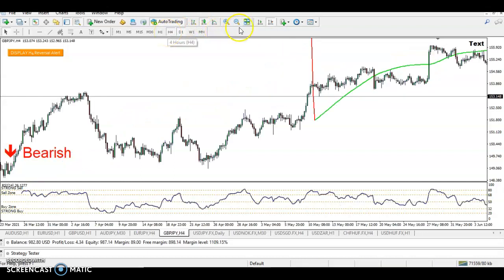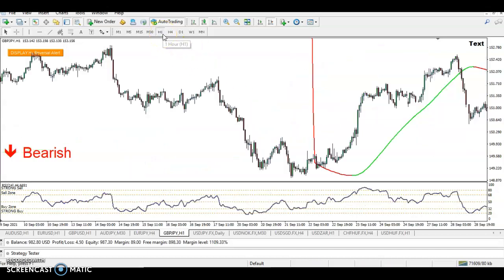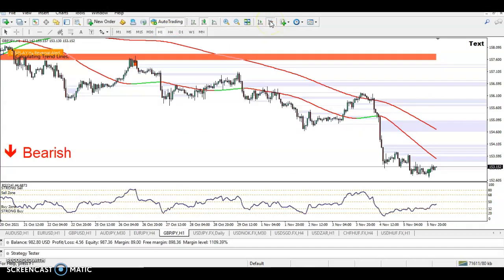On the 4 hours, we still have time. So we want to close above this structure, make a shoulder head, it looks like it's happening, and continue upside from there. On the 1 hour, we've already got the bullish close, and this gray area here is a gap.